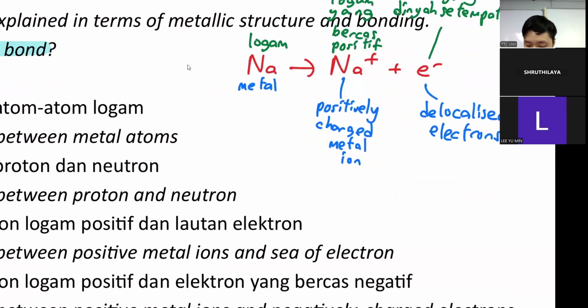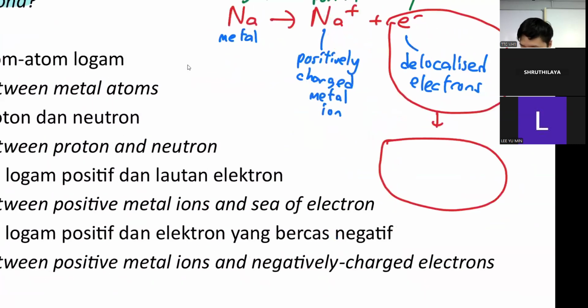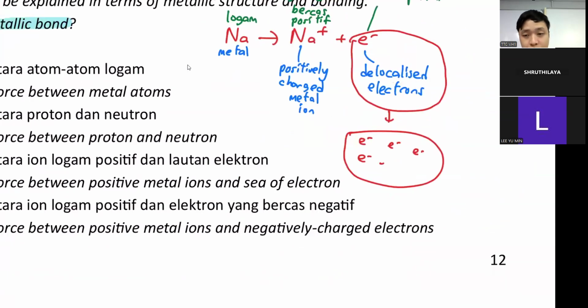If you have a lot of delocalized electrons, the electrons that have been donated by the metal and nobody wants, eventually you will get lautan electron.